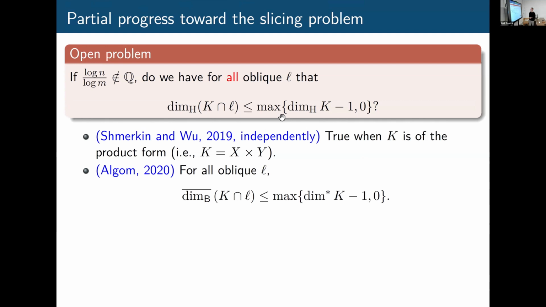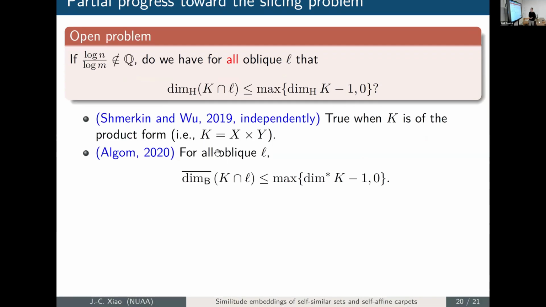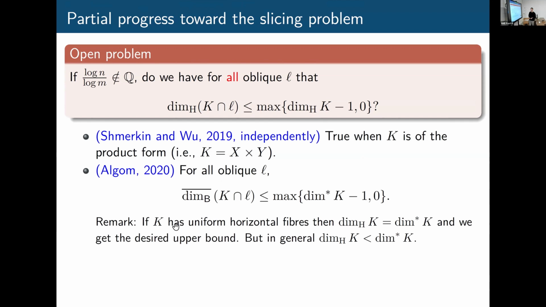So the difference is just that he replaced the Hausdorff dimension of K by the star dimension of K, which was introduced by Furstenberg himself, but I believe in this case it coincided with the Assouad dimension. And as we mentioned earlier, if K has uniform horizontal fibers, then it is a regular set, and all of these dimensions are the same value.